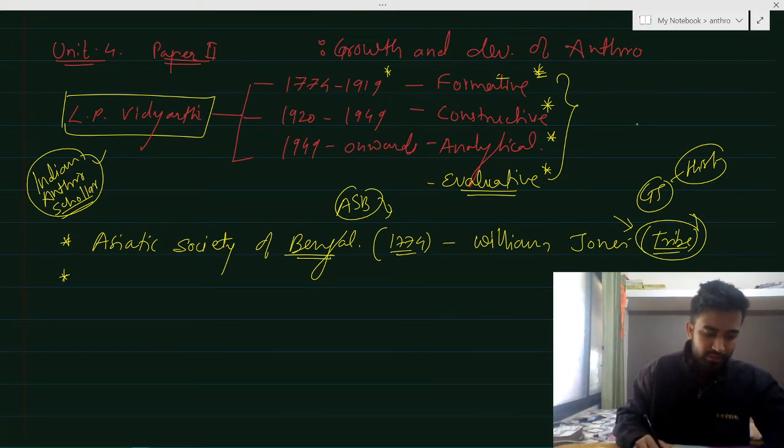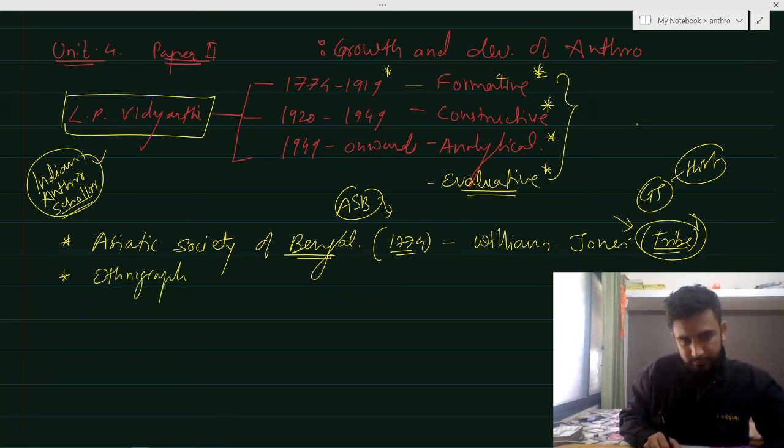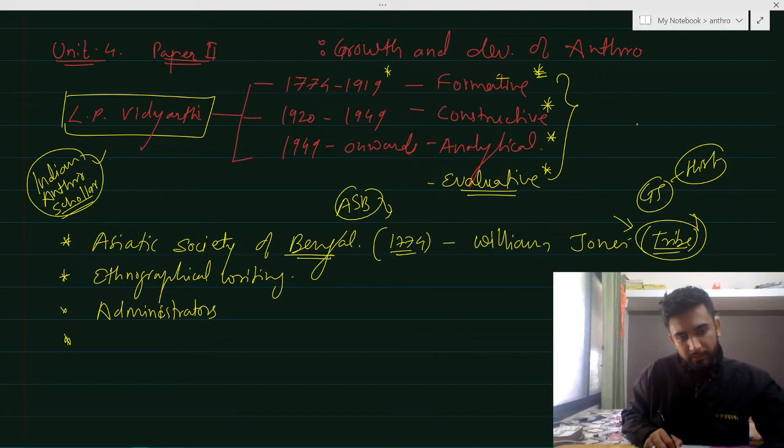The next was the ethnographical writing, of course. Then there was the work of administrators, then the missionaries.